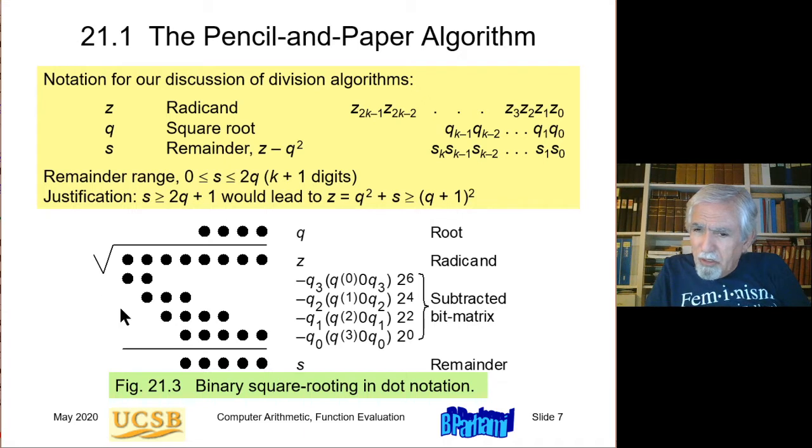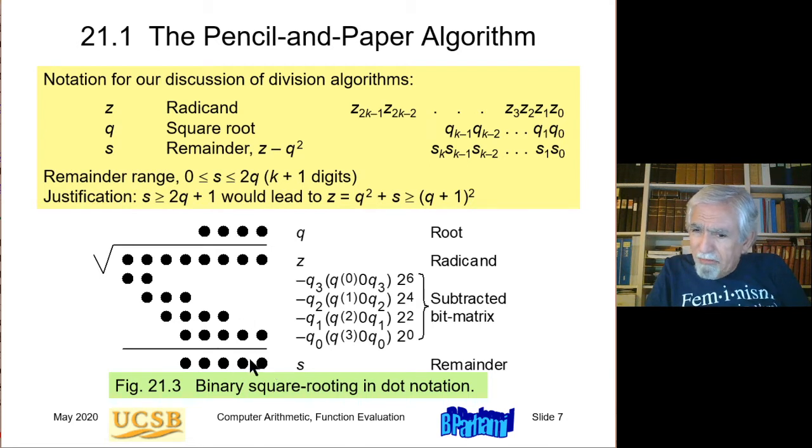So this is the dot notation representation of square rooting. Here I'm showing an 8-bit or 8-digit radicand, doesn't matter, it can be in any radix. The radicand is z. The square root of the radicand is this 4-bit or 4-digit root, q. And then the remainder s, as I mentioned, has one more bit or one more digit relative to q, so it is 5 bits or 5 digits long.